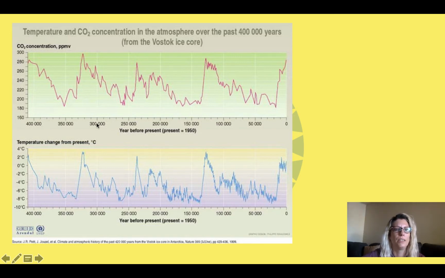You can definitely see that there's a huge correlation between the CO2 and the temperature of the planet. Now, if you notice, this is 400,000 years ago up till basically present time. Present time meaning 1950, but really when you're going 400,000 years, that's present.